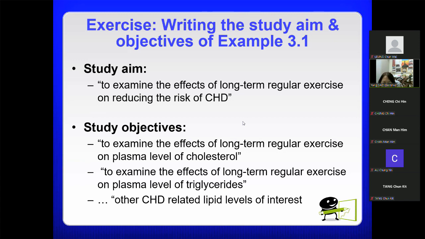The cholesterol and also the triglycerides, the two here. So the detailed objectives: the cholesterol can be measured in that study, triglycerides also can be measured. Both are risk factors of coronary heart disease.